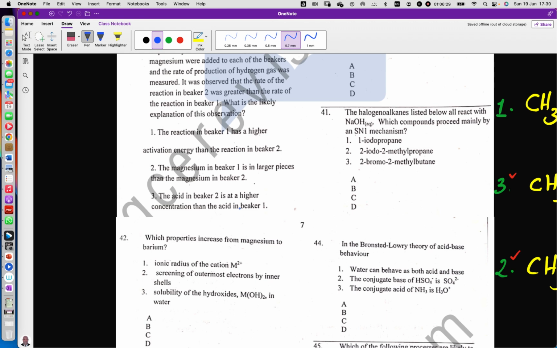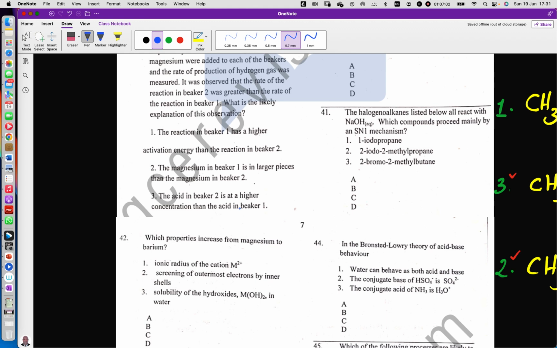Here we need to know which one is primary, secondary, and tertiary halogenoalkanes, because only tertiary and secondary halogenoalkanes will undergo SN1 mechanism. Once more, note, only tertiary and secondary halogenoalkanes will undergo SN1 mechanism.